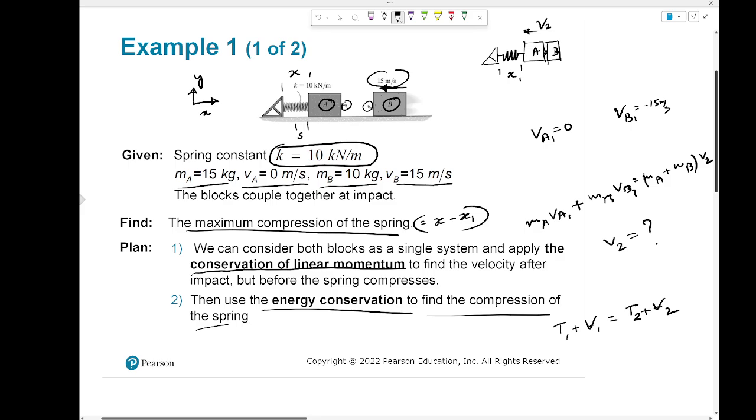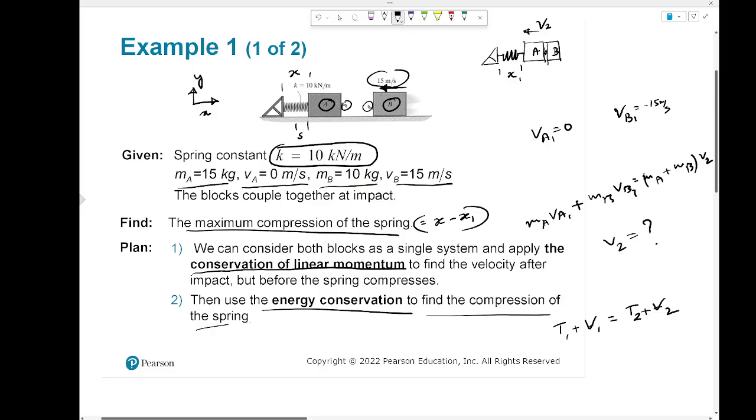And what is the initial potential energy? Initially the spring doesn't do that much, right? And those are sitting on a surface, and the normal force kind of nullifies that. So it doesn't really have that much potential energy effect, right? Initially, but after the impact, you see what happened? The spring gets compressed, right? So if the spring gets compressed, there's a potential energy for the spring as well, right?